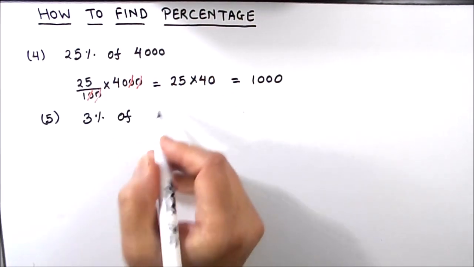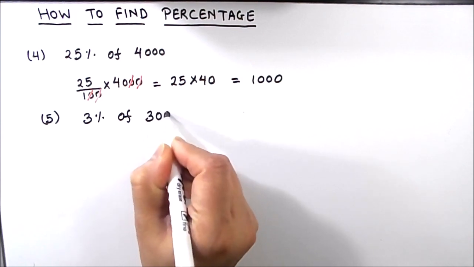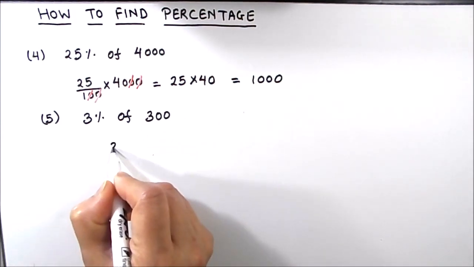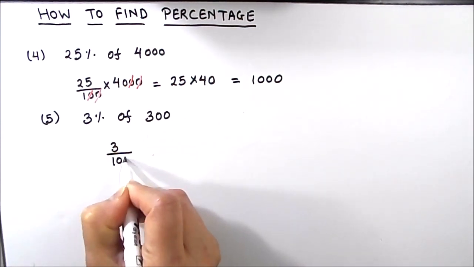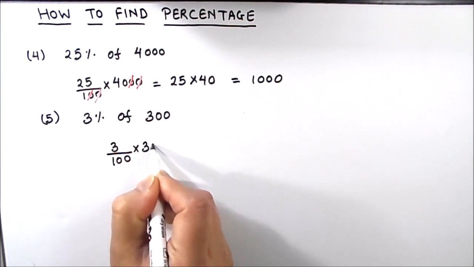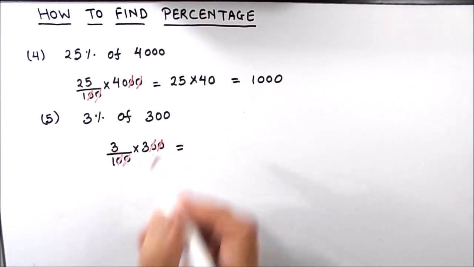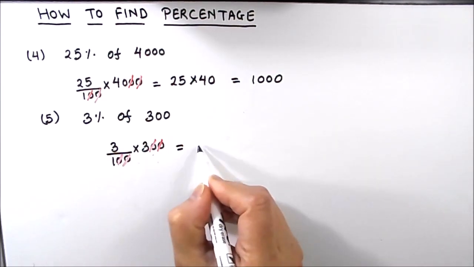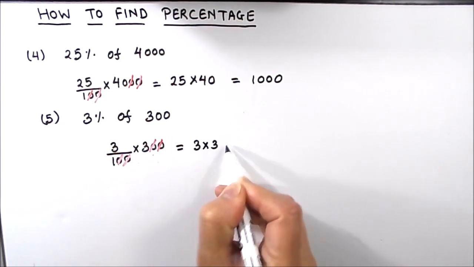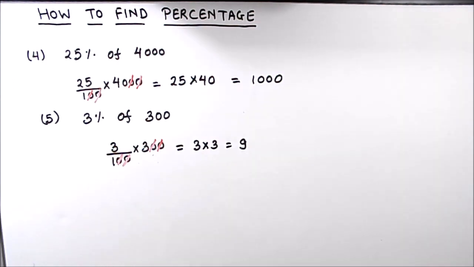Let's find out 3% of 300. 3% means 3 by 100 times 300. These two zeros get cancelled and we are left with 3 times 3, which is equal to 9. So this is the direct method for finding percentage.